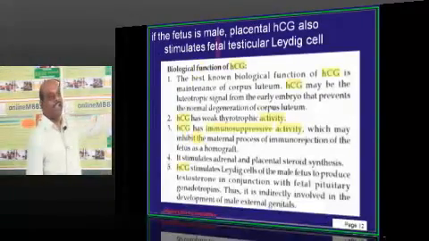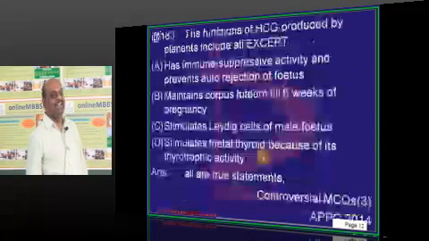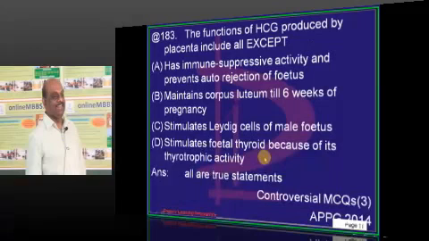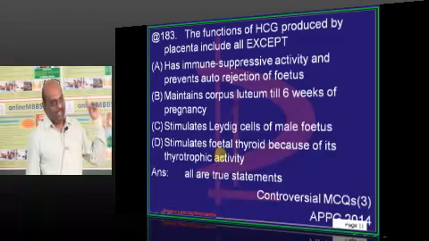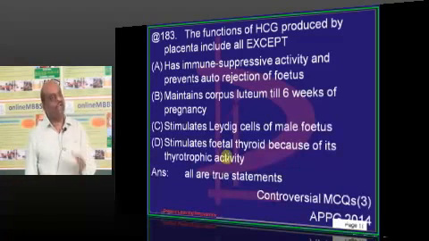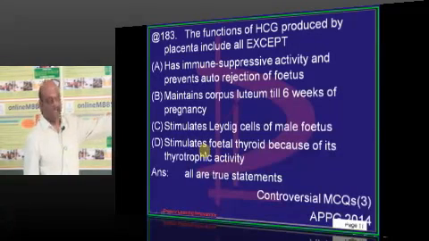This is certain: HCG has immunosuppressive activity. Because we knew that it is similar to LH and TSH, we knew that C and D were right, and we knew that B is right. So that's why we put it. But D is possibly correct according to the examiner, and it may be a right answer because it may not stimulate sufficiently to stimulate the fetal thyroid activity.